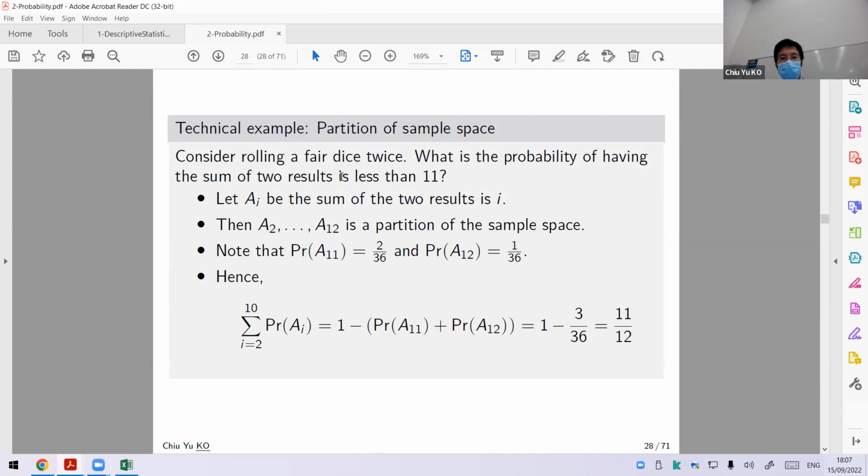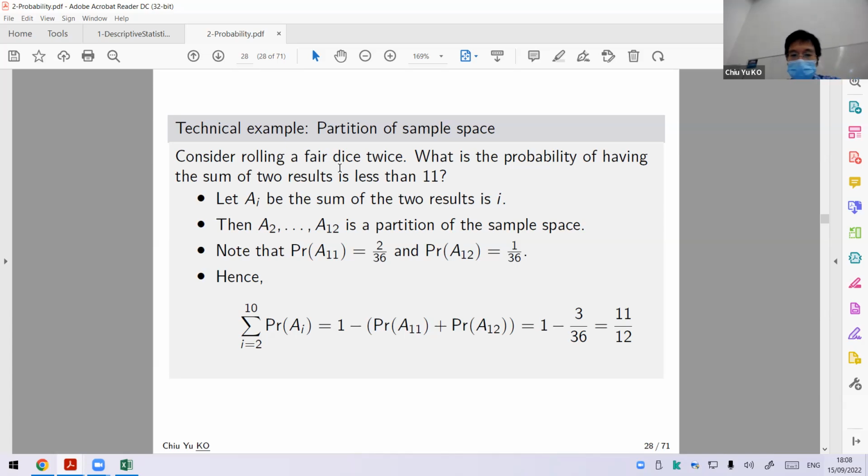Roll the die twice. What is the probability that the sum of the two rolls is less than 11? To calculate this is a difficult task, because we have 36 outcomes, so you have to calculate all possibilities less than 11.